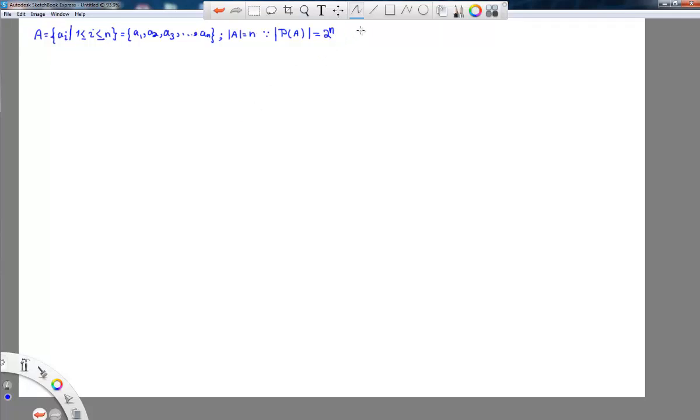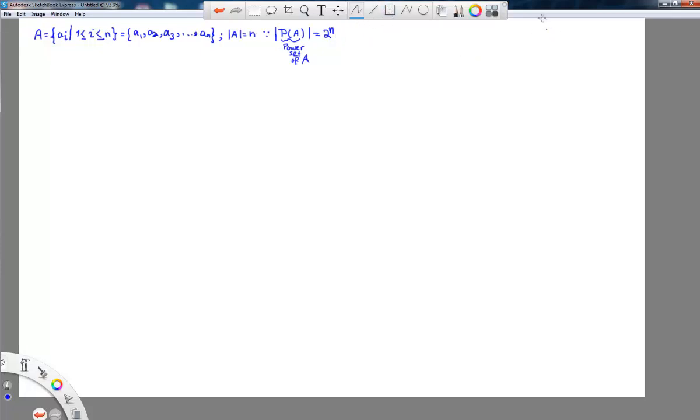This is what I want to prove: if the size of a set is n, then the size of its power set of A is going to be 2 to the n. So this is the theorem that I want to prove.